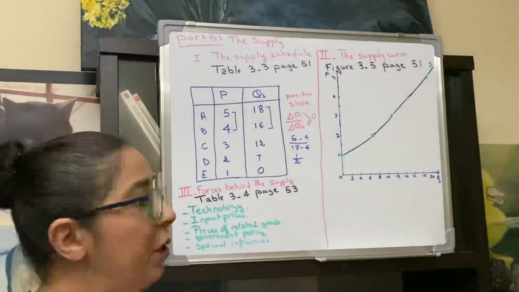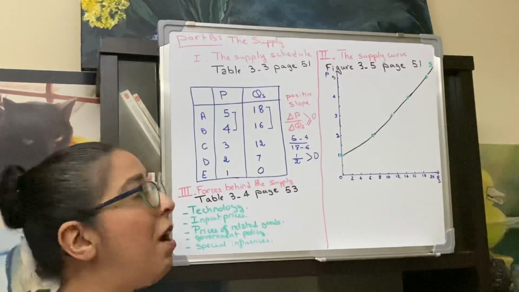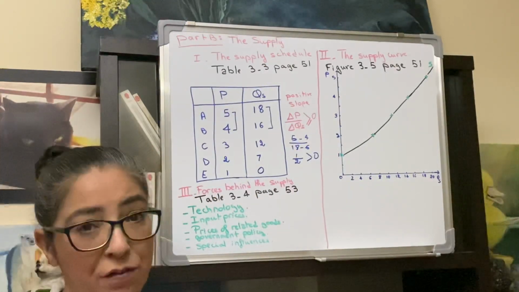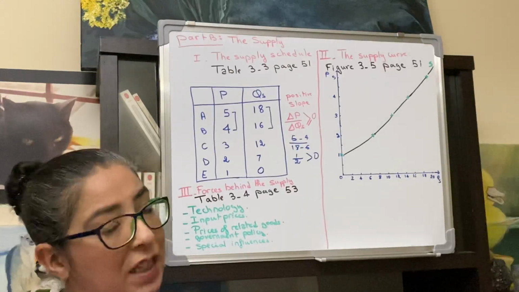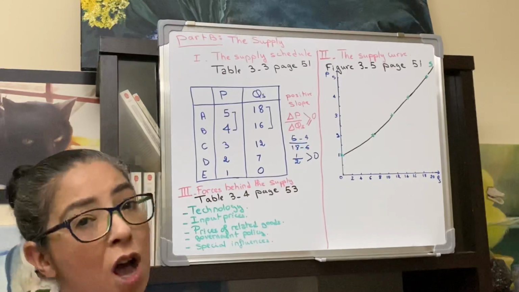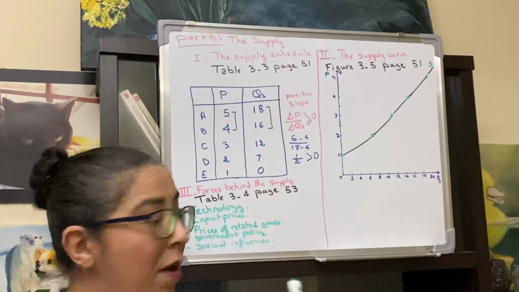And that's your slope. You see that it's higher than 0. So the slope of the supply is always positive. Okay? We have seen that the demand had a slope that was always negative due to the law of downward slope in demand. But for the supply, it's always positive.